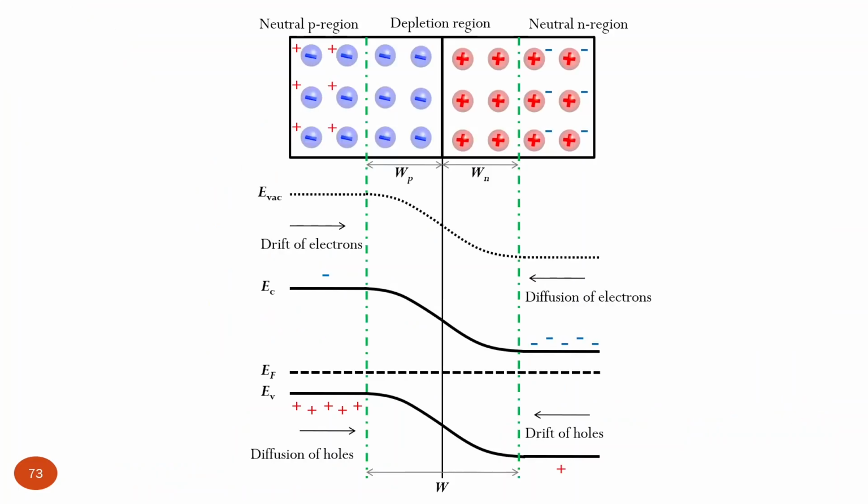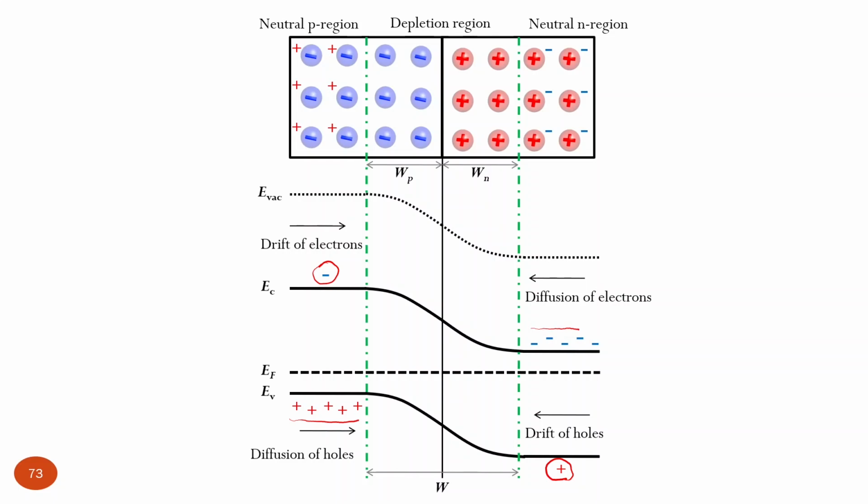So now let us consider our old good friend, the p-n junction under equilibrium conditions. And we remember that we had a lot of majority charge carriers, holes in the p-type region and electrons in the n-type region, and very low concentrations of minority charge carriers, electrons and holes in the p and n-type regions.